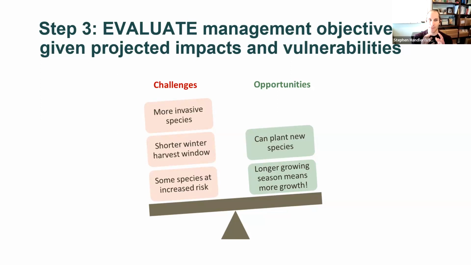So you need to have that rationale clearly spelled out. And step 3 is your chance to do that and then to really show your work. Here's how I've thought about our business as usual management and why it might fall short or why it might be fine for some of these objectives.